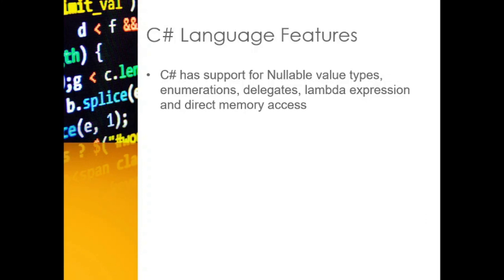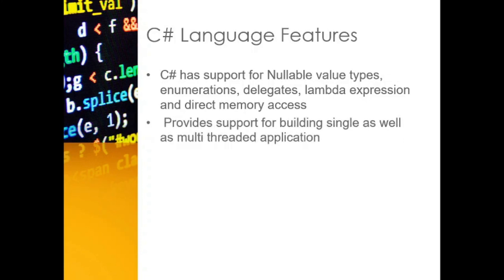Besides this, C Sharp has support for enumeration, delegates and lambda expressions, and provides support for direct memory access. You can build single as well as multi-threaded applications. What are multi-threaded applications? Applications that can perform multiple tasks. We'll have a look at multi-threaded applications as we proceed further into C Sharp.